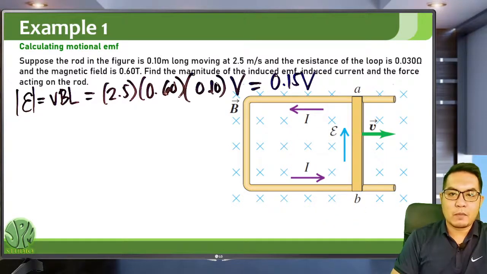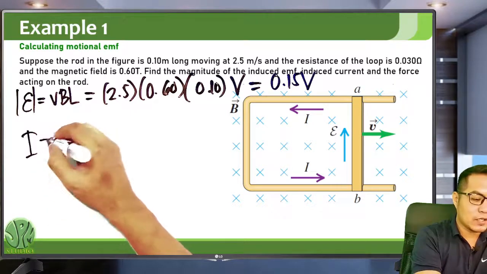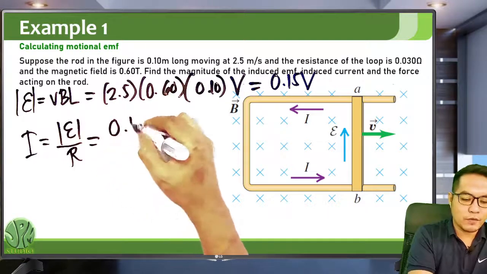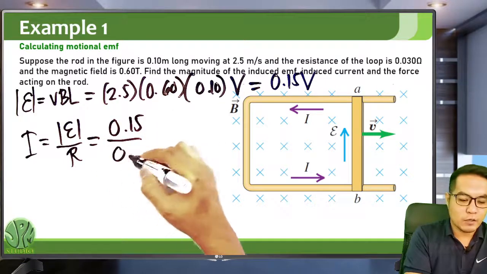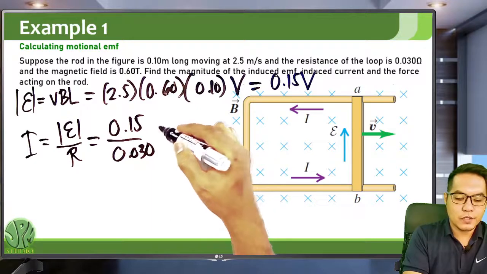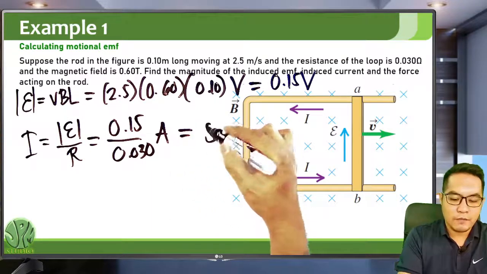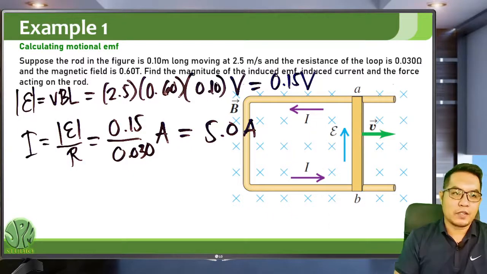Now for the second problem, the induced current. Induced current is just EMF over the resistance, so you have 0.15 over the resistance, which is 0.030 ohms. The final unit here is amperes, and you will get 5 amperes.